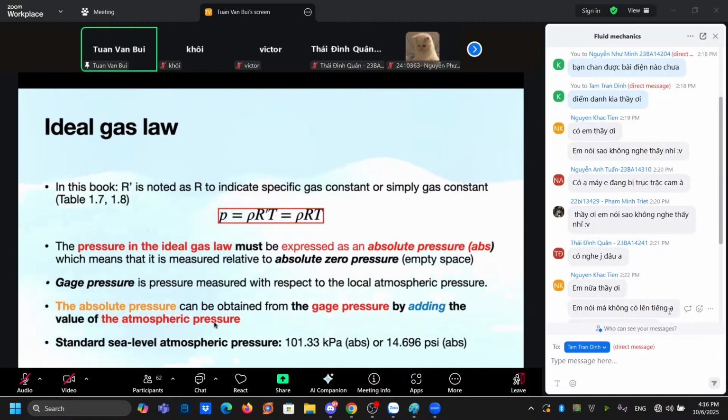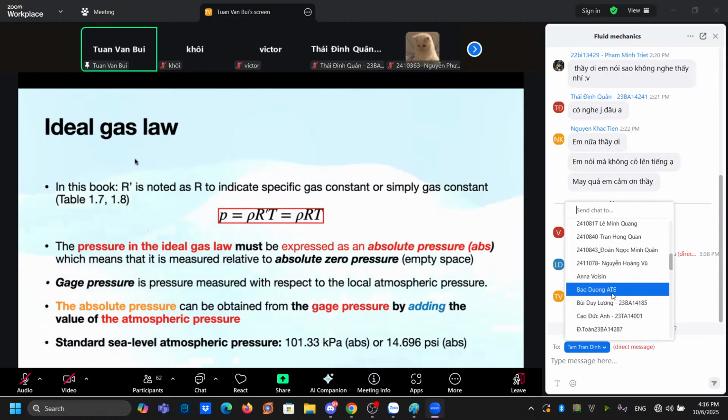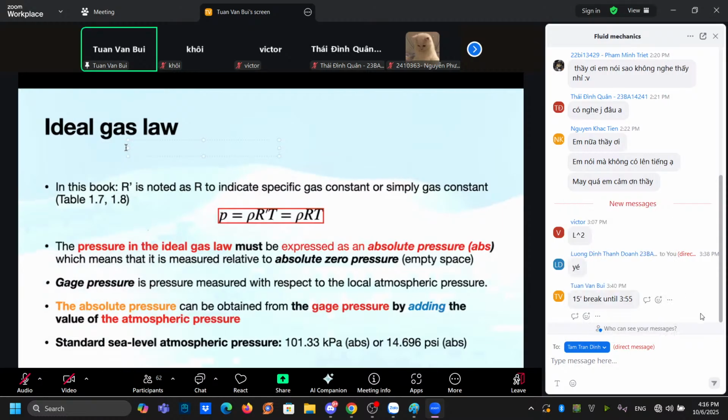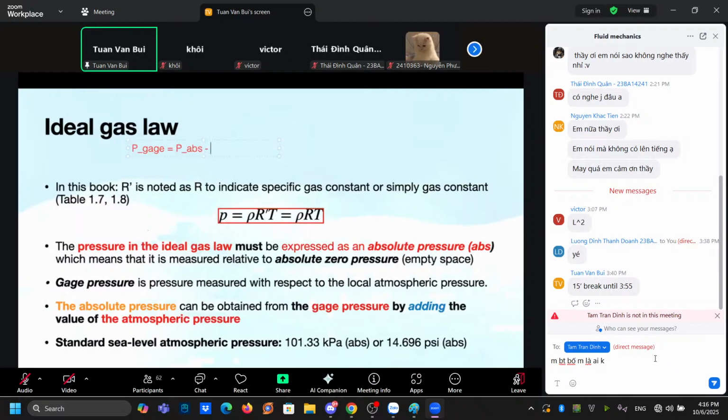So P gauge will equal P absolute minus P atmospheric.